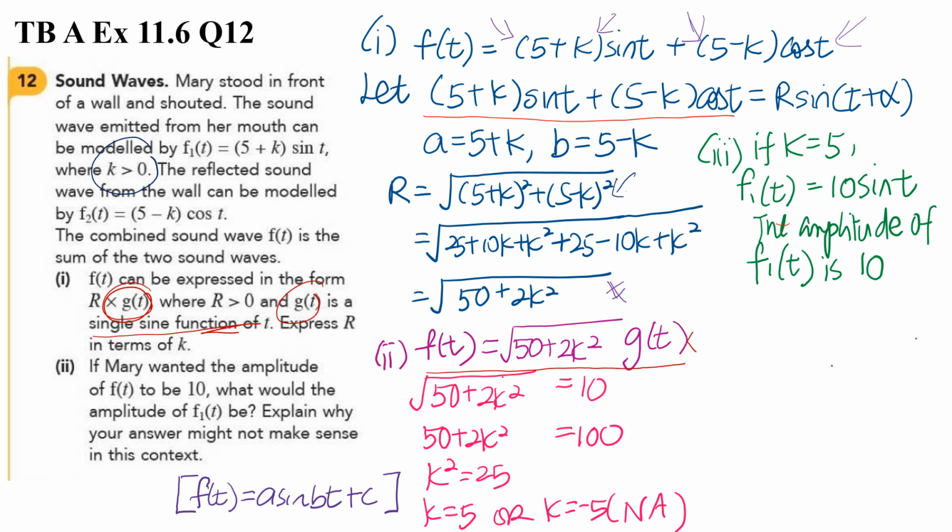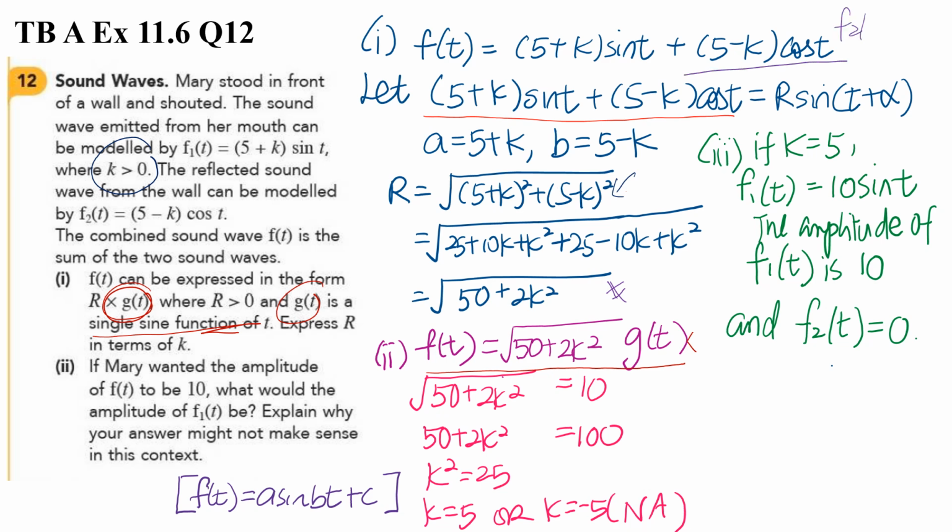Okay, so if you substitute k equals 5, then you realize that f1 of t is 10 sine t. Then the amplitude of f1(t) is 10. So that's all right here. But what happened to the other one? If you substitute k to be 5 into here, this is your f2(t).